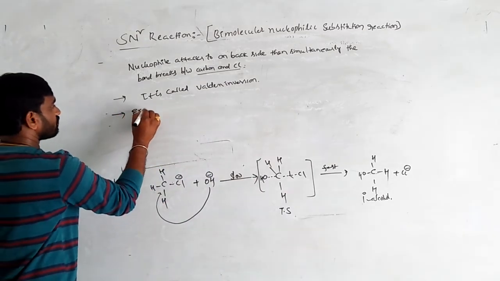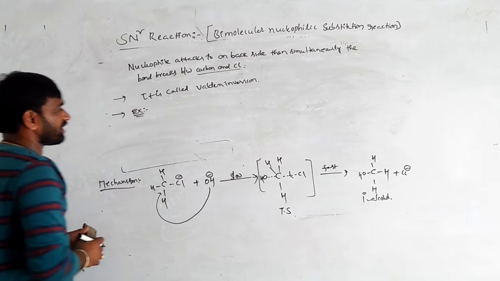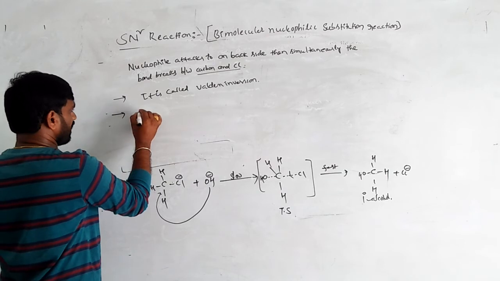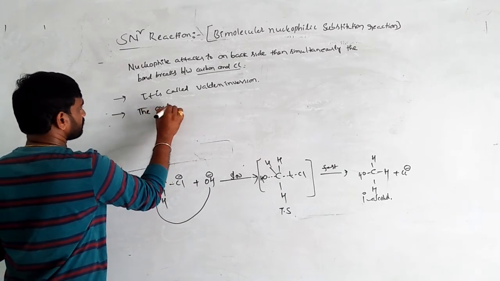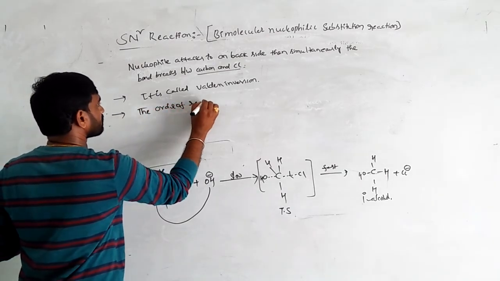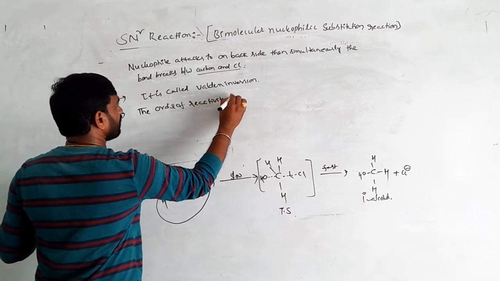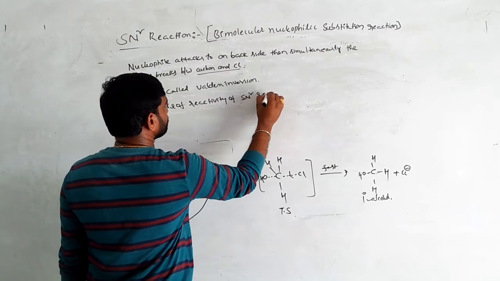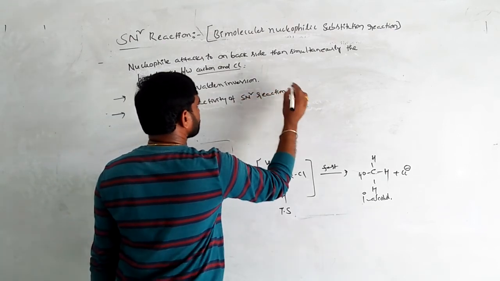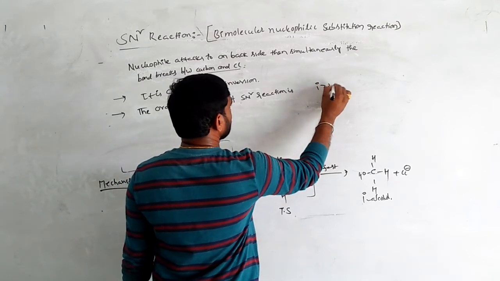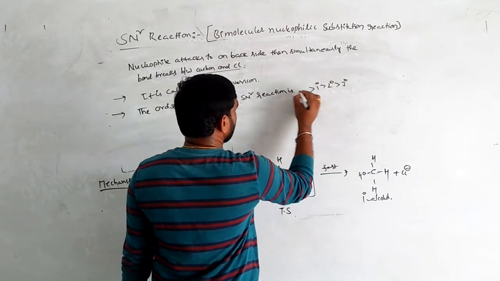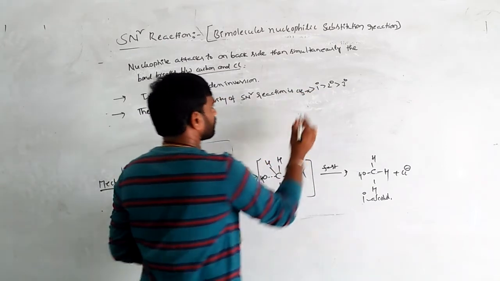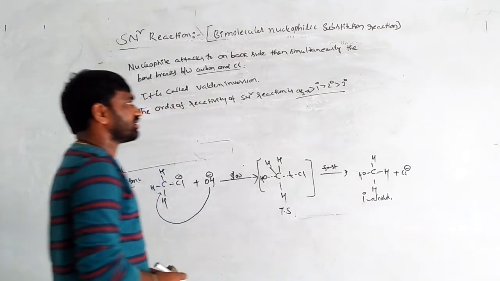For example, the order of reactivity of the SN2 reaction for alkyl halides is primary, secondary, tertiary. Primary is the most reactive, so primary is greater than secondary, which is greater than tertiary.